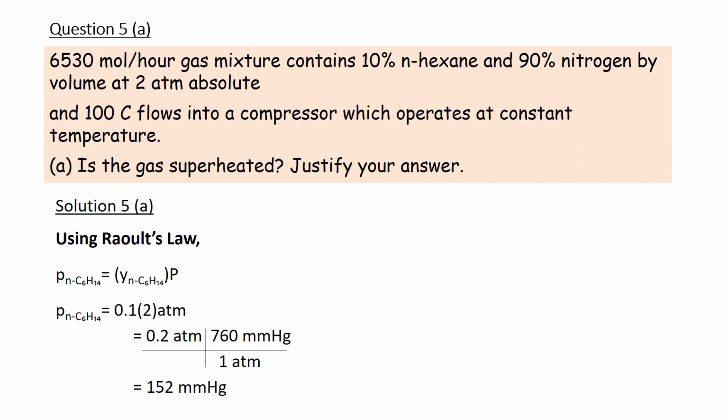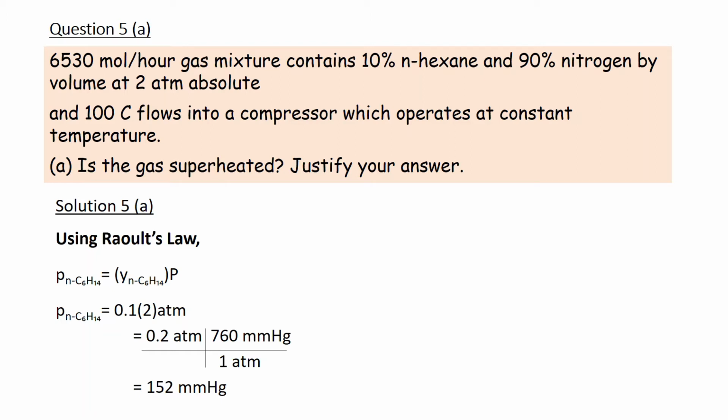Part A. Is the gas superheated? Justify your answer. In order to determine whether the gas is superheated or not, we need to find its vapor pressure and also the partial pressure. We use Raoult's law to find the partial pressure of the N-hexane, which equals the mole fraction of N-hexane times the total pressure, equals 0.1 times 2 atmospheric pressure, and then we get 0.2 atmospheric pressure.